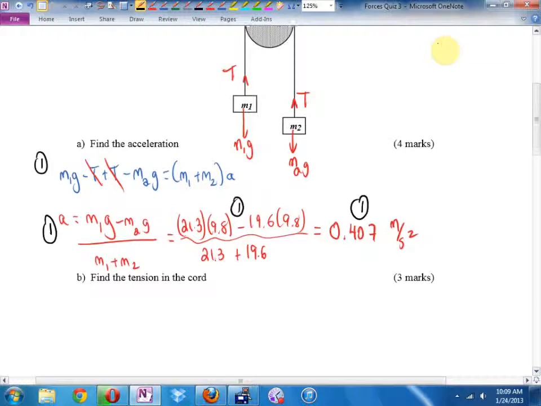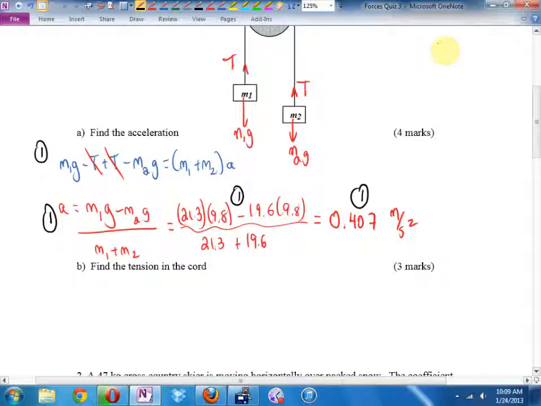Find the tension. Go look at one mass. Which mass? I'm going to choose the one where tension is winning because it's easier, so I'm actually going to choose mass 2. I will do it both ways for you, though. If I go with mass 2, my equation is going to be tension minus mass 2 g equals mass 2 a. So tension equals mass 2 a plus mass 2 g.